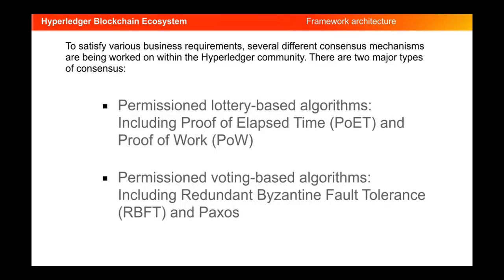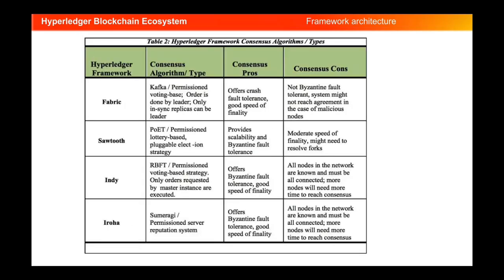To satisfy various business needs, there are several different consensus mechanisms being worked on in the Hyperledger community. Two major types are permissioned lottery-based algorithms and permissioned voting-based algorithms. Each of these types has its own implementations. As you can see, the permissioned lottery-based algorithm has proof of elapsed time and proof of work as implementations, and the permissioned voting-based algorithm has redundant Byzantine fault tolerance and Paxos as implementations.